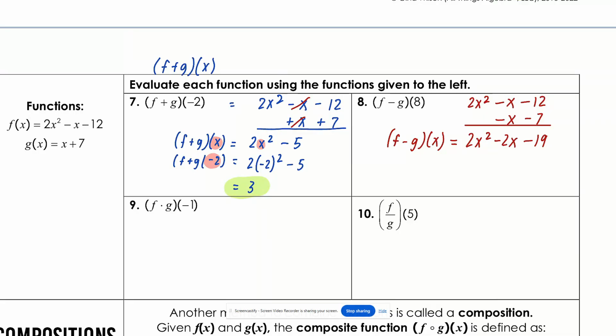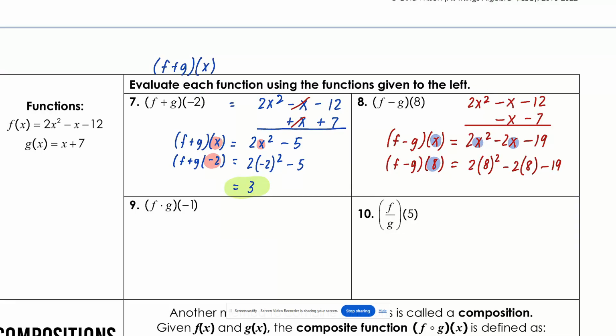But remember, they want me to do f minus g of 8. So naturally, what am I doing, y'all? I'm plugging 8 into x. Everywhere I see it, y'all. That's once, twice, both of those spots. So I'm going to grab my calculator, and I'm going to go 2 times 8 squared minus 2 times 8 minus 19.